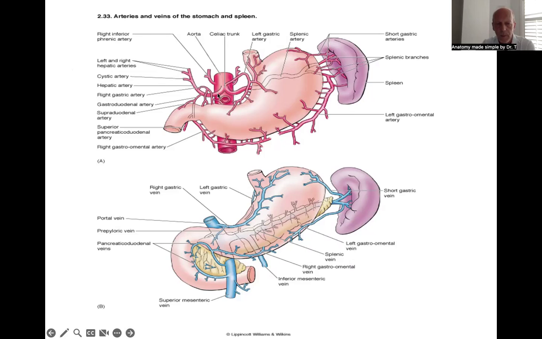If we follow this branch that goes all the way to the right, that is the main hepatic artery, which provides arterial blood supply to the liver in order to support hepatocytes with an additional amount of oxygen.